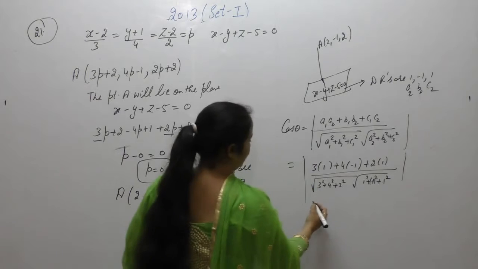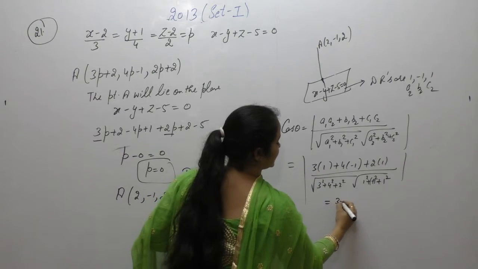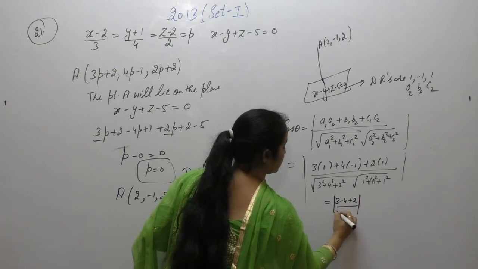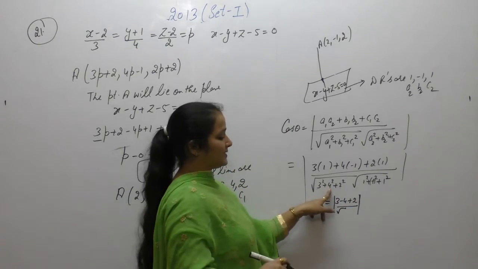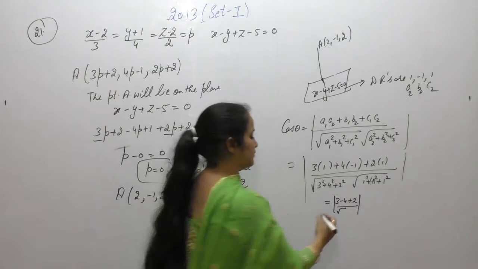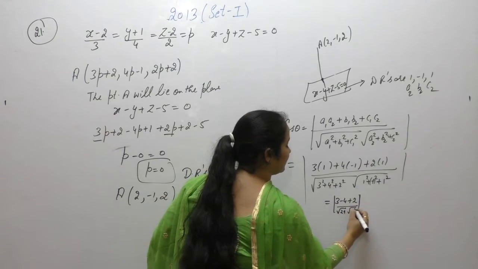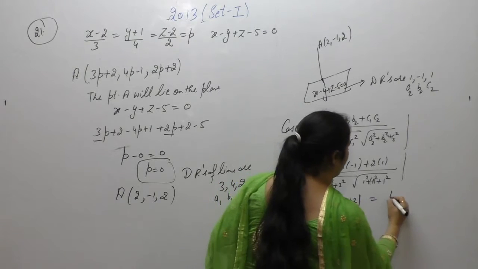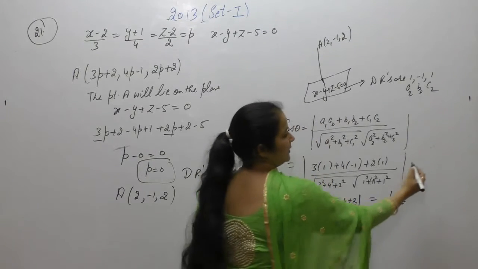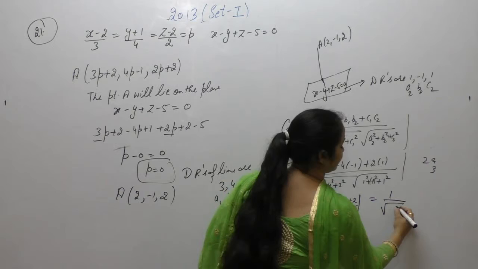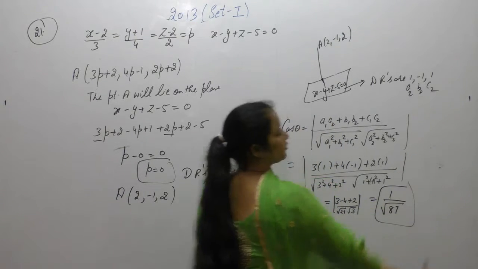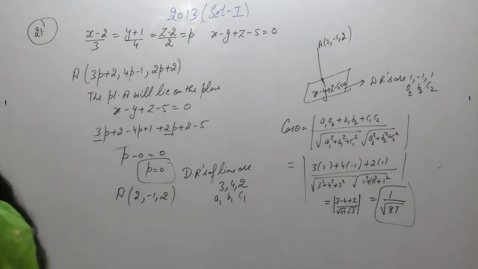So 3 into 1, 3 minus 4 plus 2. 9 plus 16 is 25, plus 4 is 29. 1 plus 1 plus 1 is 3. 3 minus 4 plus 2 is 1, upon square root of 29 times 3, which is 87. So 1 upon square root of 87.